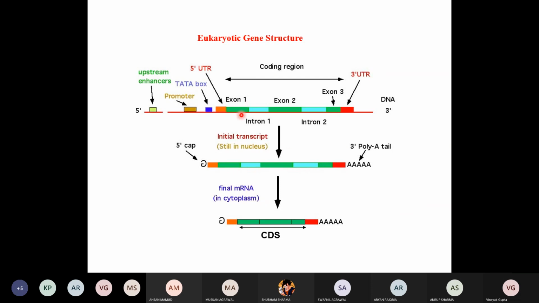Exon 1 is in dark green color. Intron is a light color. UTRs are there in red color. So you can see following transcription we have UTRs, exons, introns, everything. But what is going to happen? There is some sort of processing, I will say.